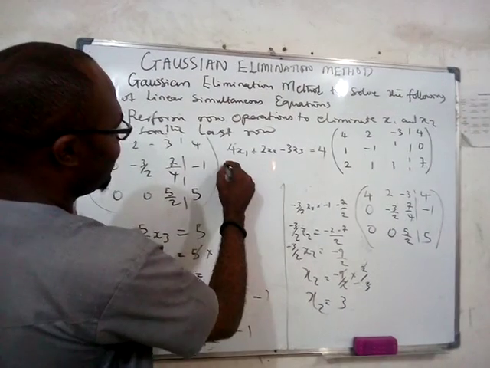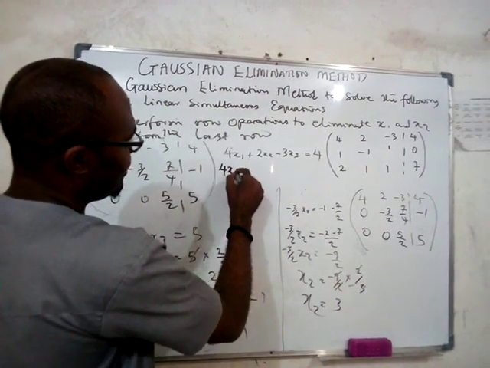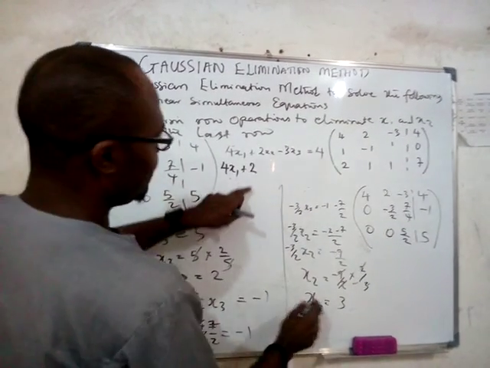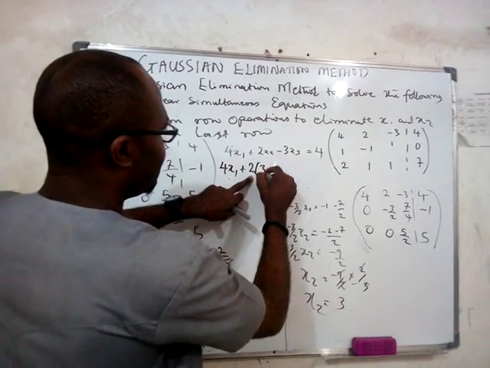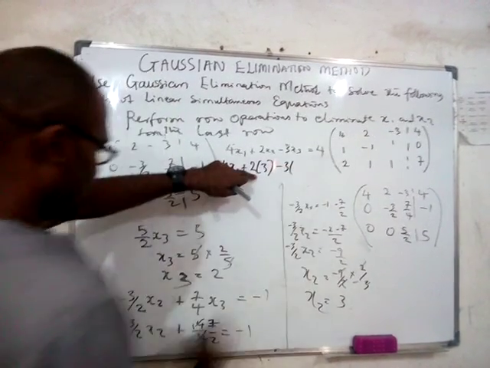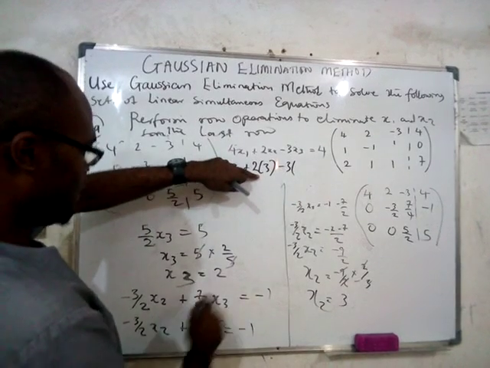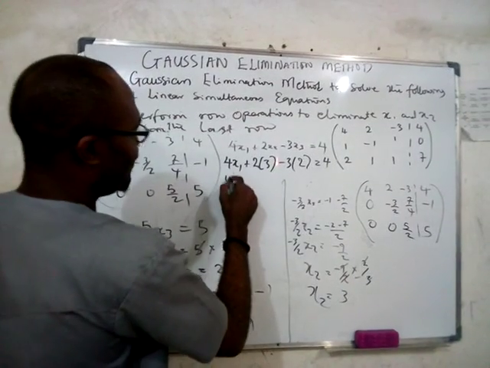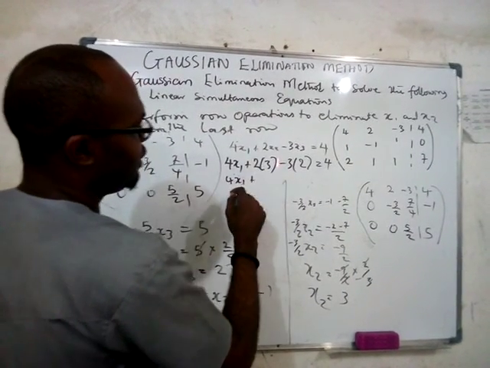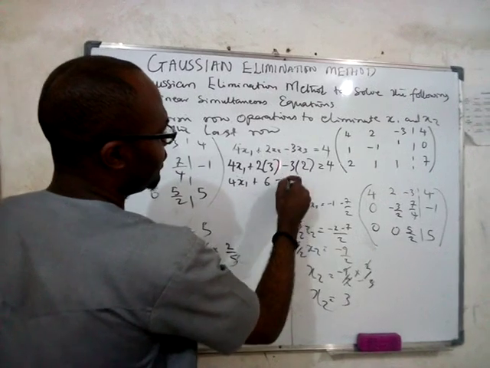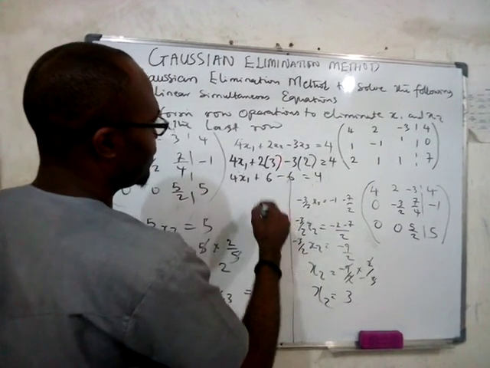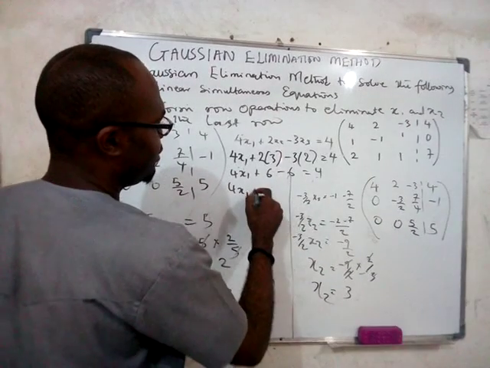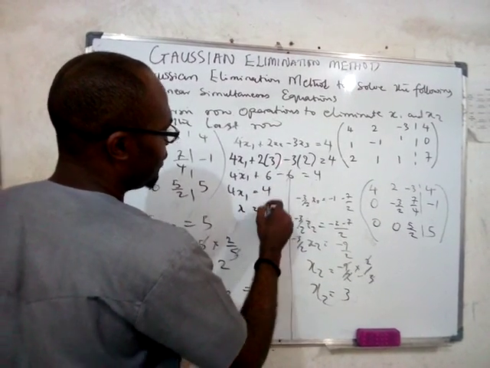So what is x1? x1 I don't know, that's what I'm trying to find, plus 2x2, we already know that x2 is 3, minus 3x3, we already know that x3 is 2, equal to 4. So I now have 4x1 plus 2 times 3 is 6, 3 times 2 is 6, equal to 4. So I have 4x1 plus 6 minus 6, which is 0, equal to 4. So x1 is equal to 1.